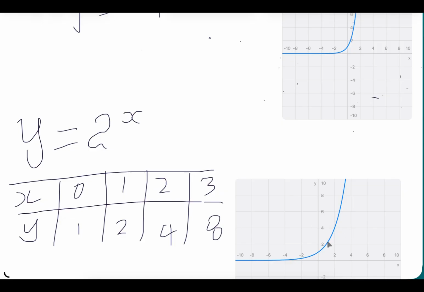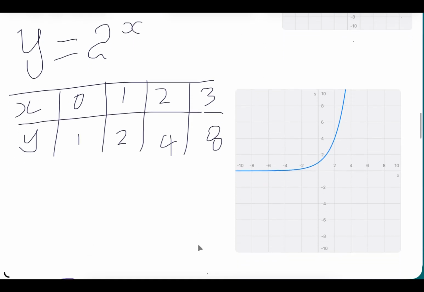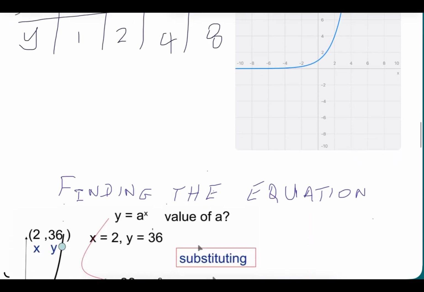Again, part of this graph is shown here, with some additional parts on the negative side. Okay, so that is how we would graph an exponential function.